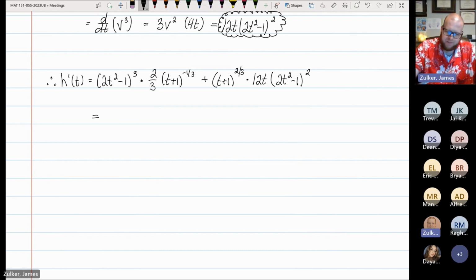Let's factor out common terms. 2/3 I see is common. T plus 1 to the negative third, and then 2t squared minus 1 squared.